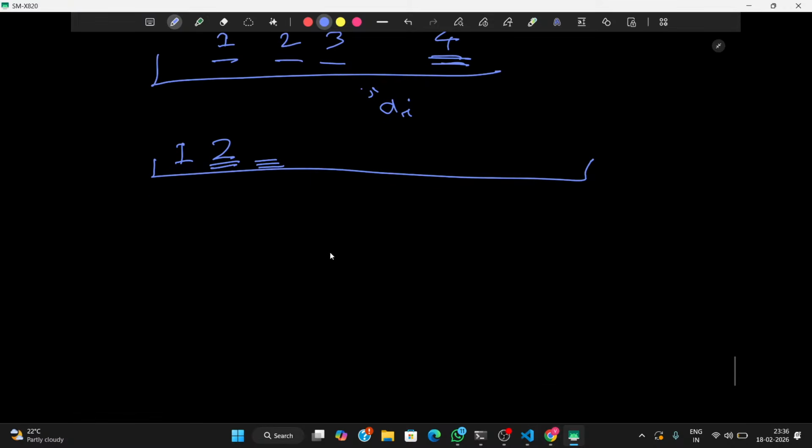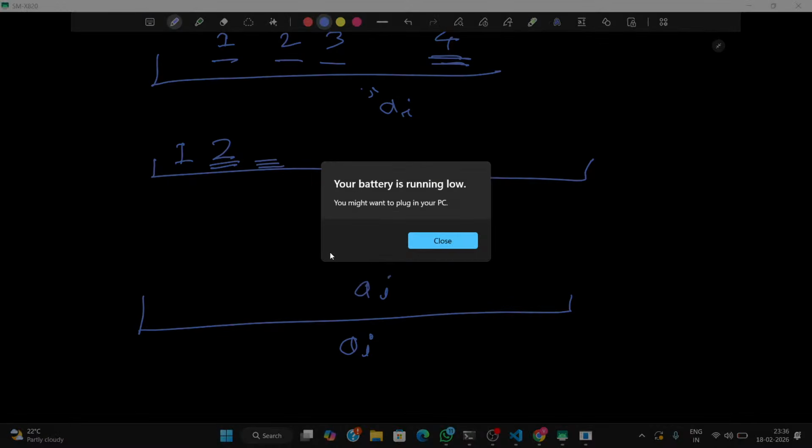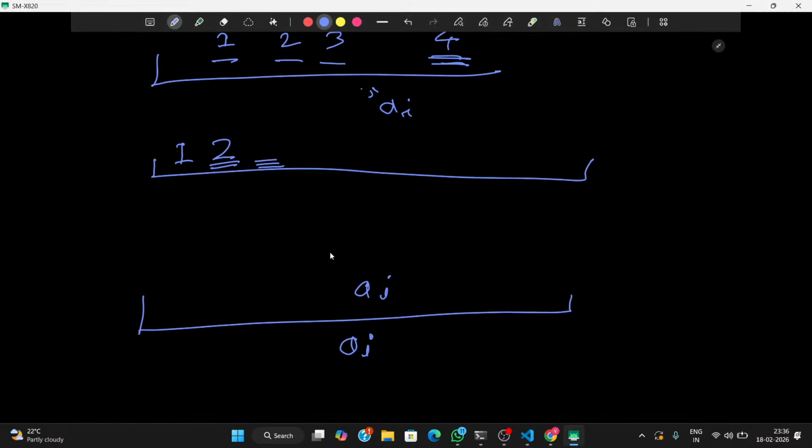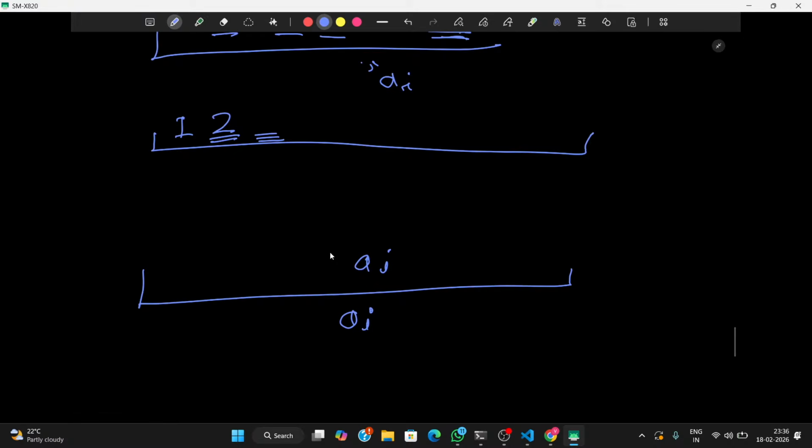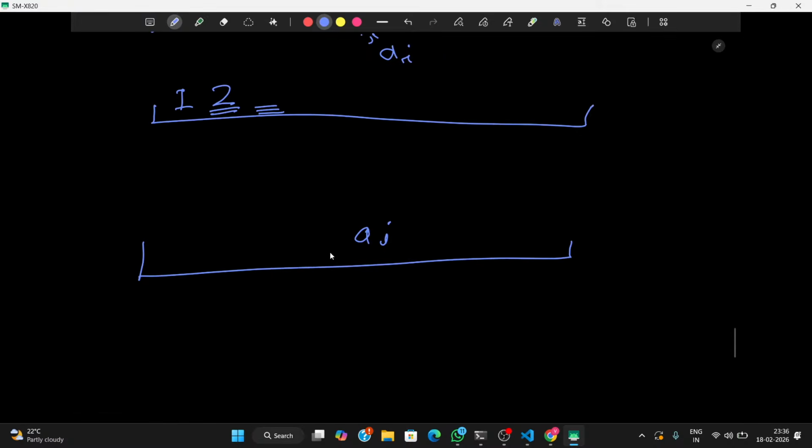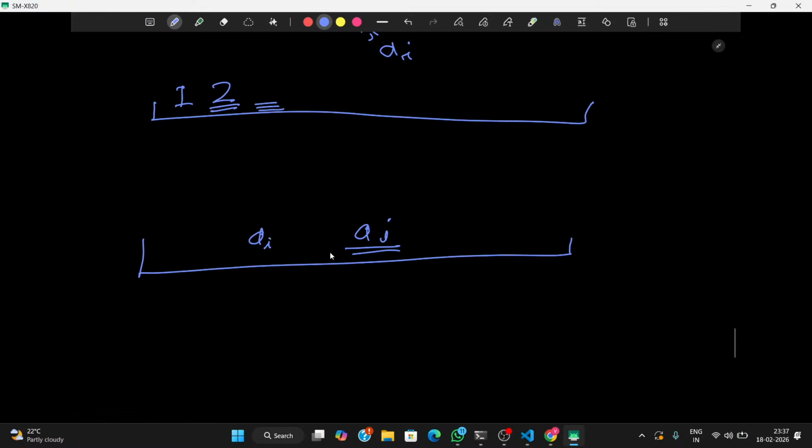Now the first greedy thing that you will notice is, for any AI, we need an AI minus 1 before AI.